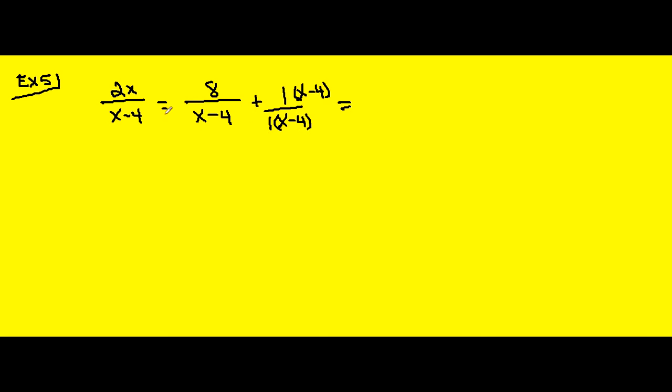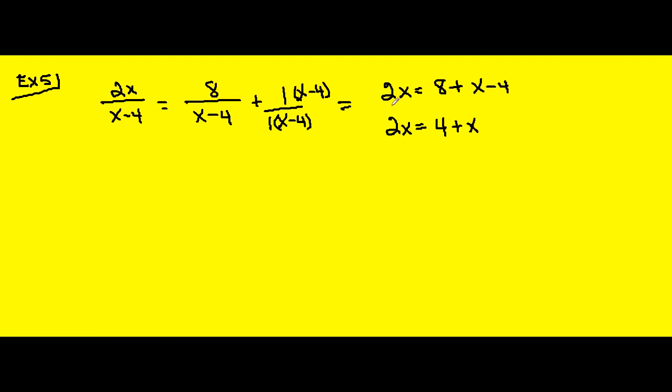I'm solving for this problem, so I'm taking the numerator, which is 2x. That's going to equal, what, 8 plus 1 times x minus 4 is just x minus 4. And then I'm going to solve now for x. So let's see, I've got 2x equals 8 minus 4 is 4 plus x already.